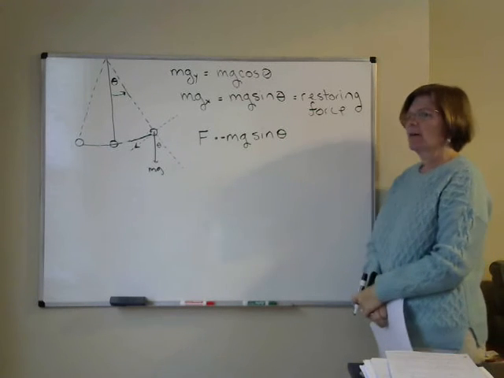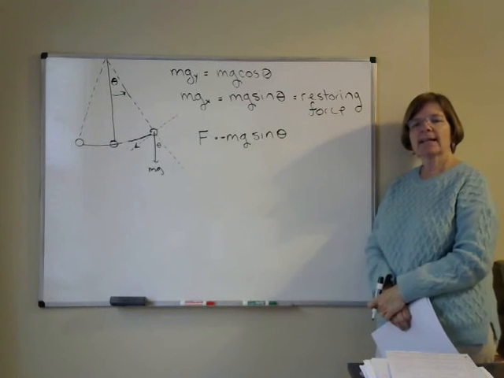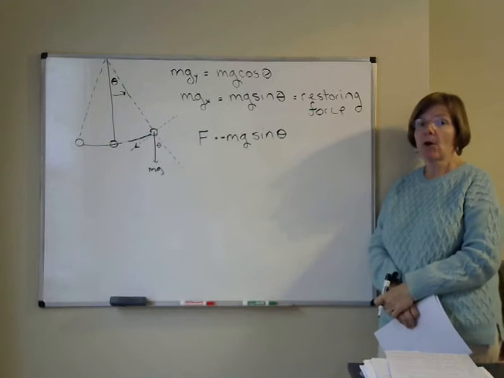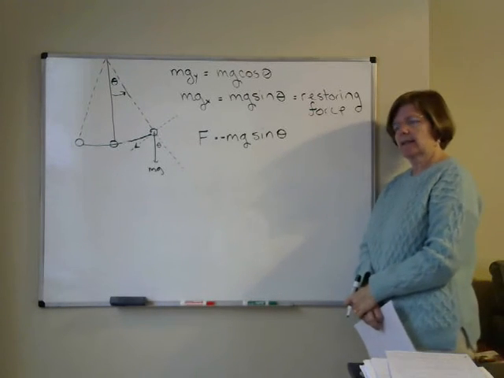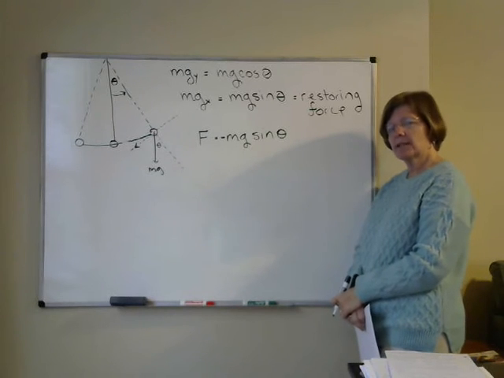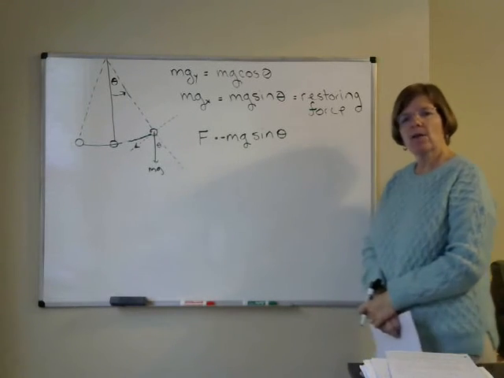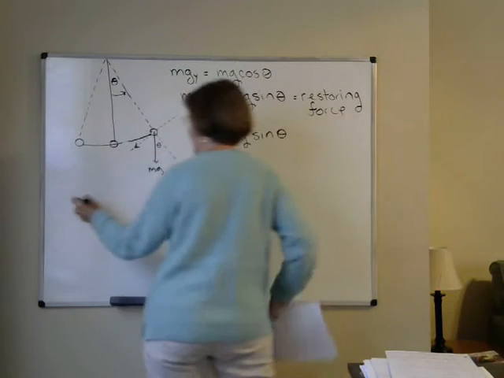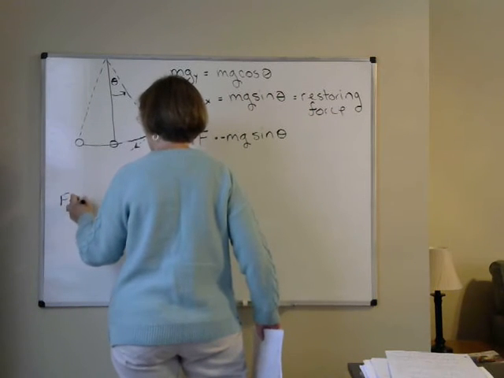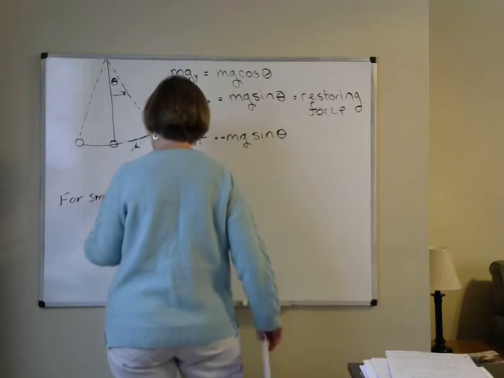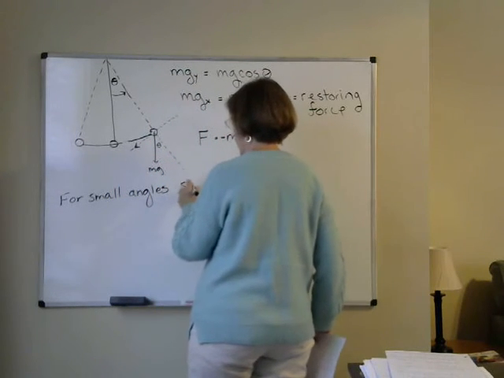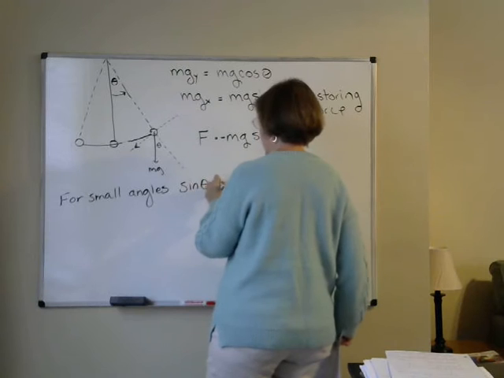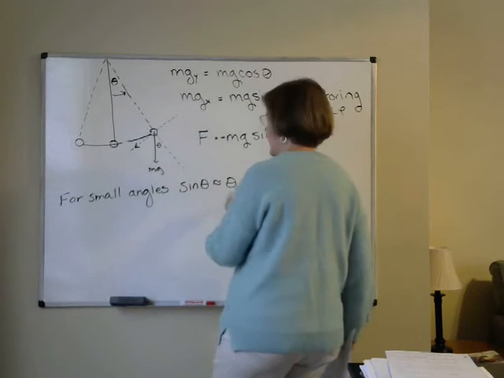What you may not know is that if we're working in radians, and we are going to be working in radians, sine theta is approximately theta for small angles. And we go, well, that's craziness, Hughes.